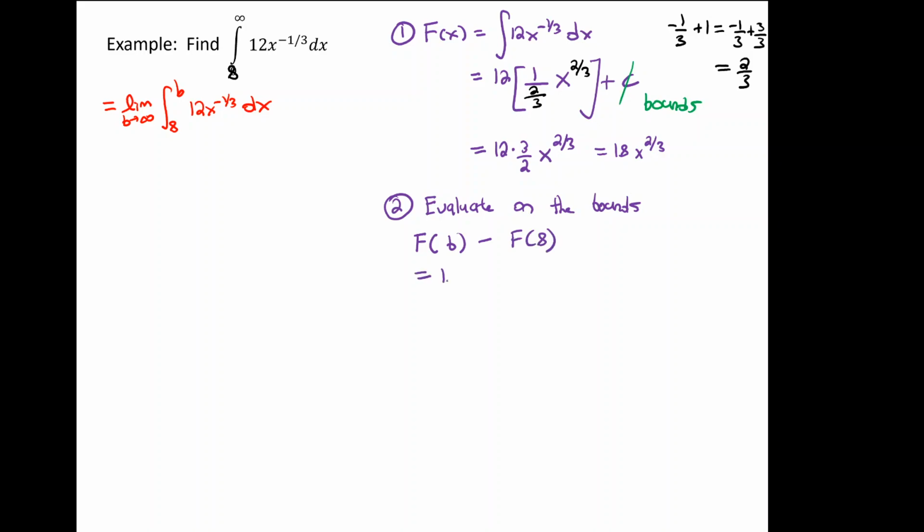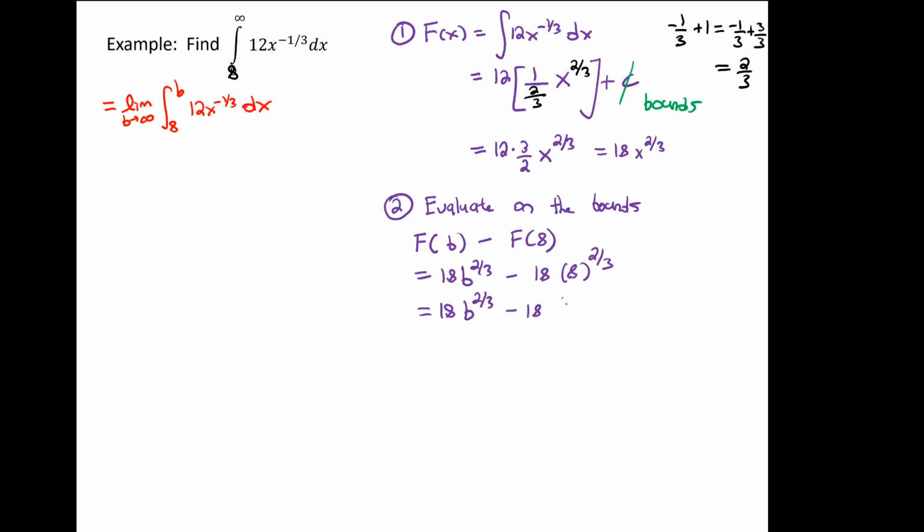So we'll get 18 b to the power of 2/3 minus 18 times 8 to the power of 2/3. So 8 to the 2/3.